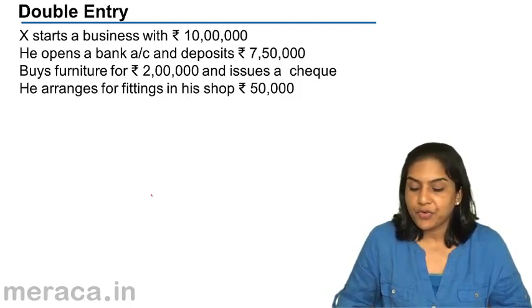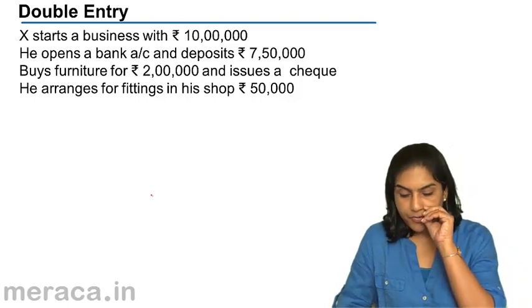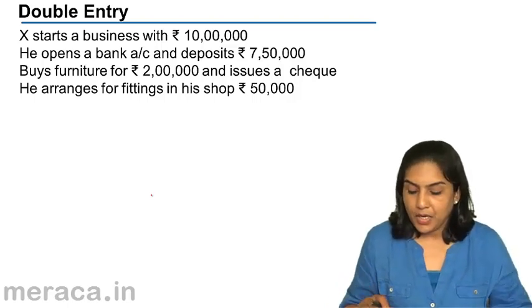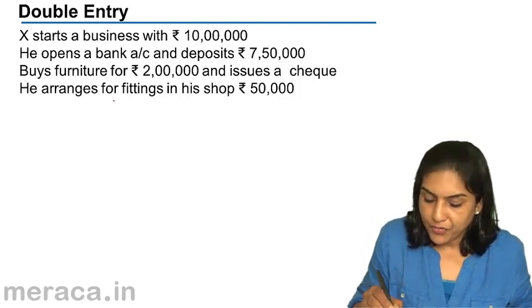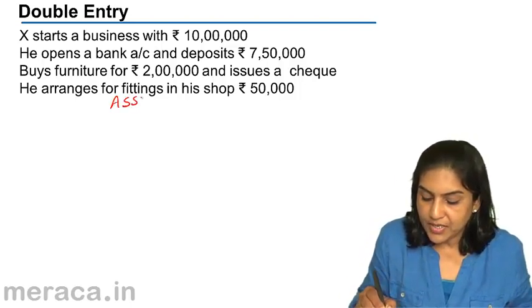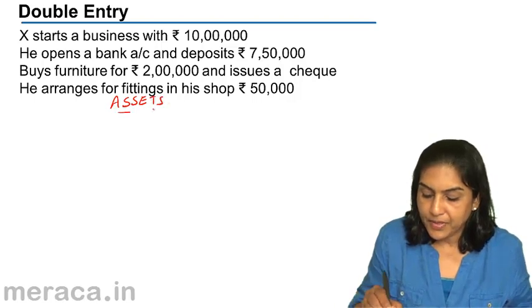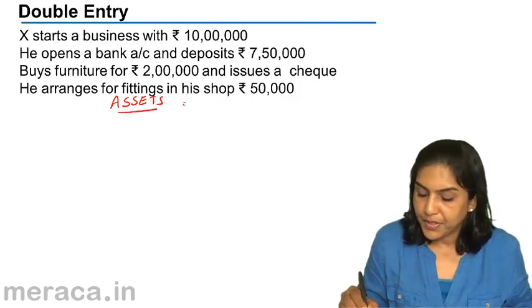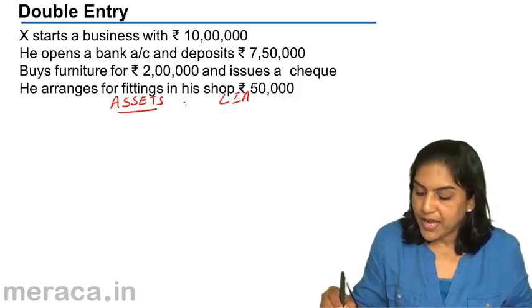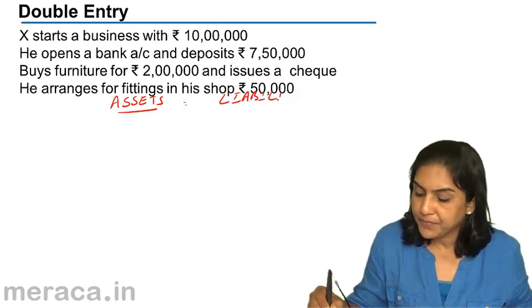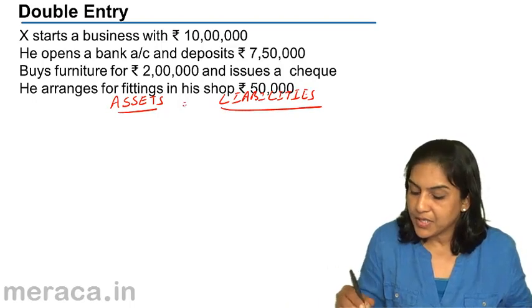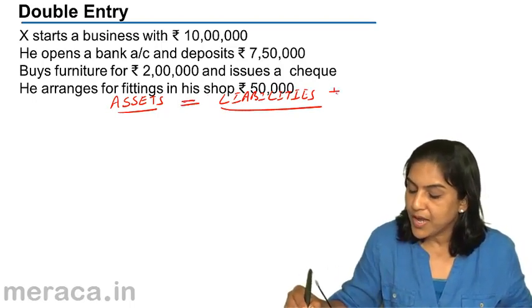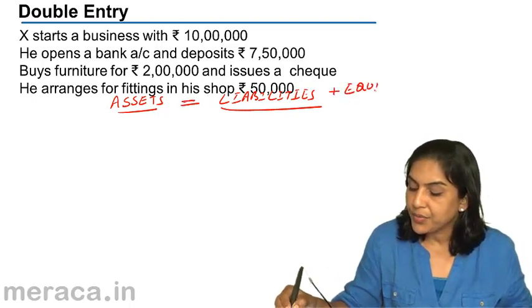He arranges for fittings in his shop for 50,000. Let us take each of these transactions. We shall put assets on one side, equal to liabilities and equity. So assets are equal to liabilities plus equity.